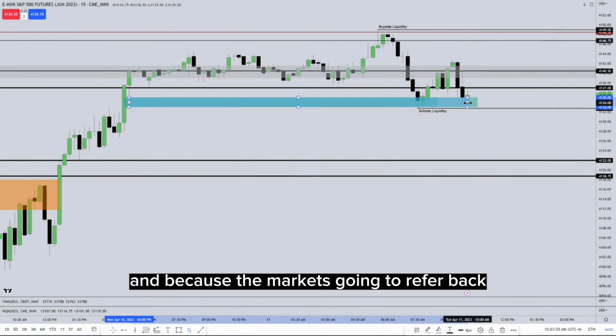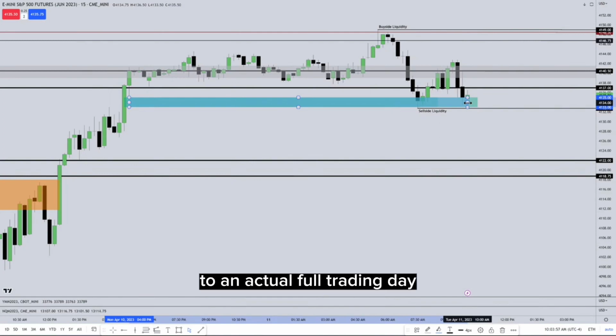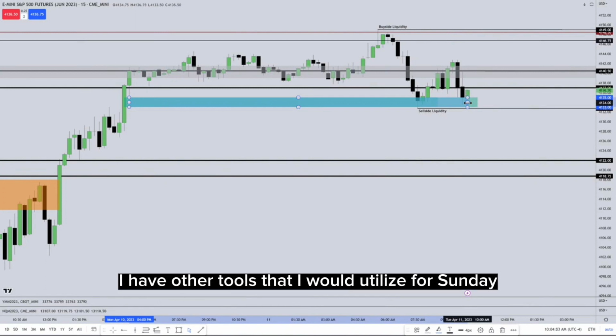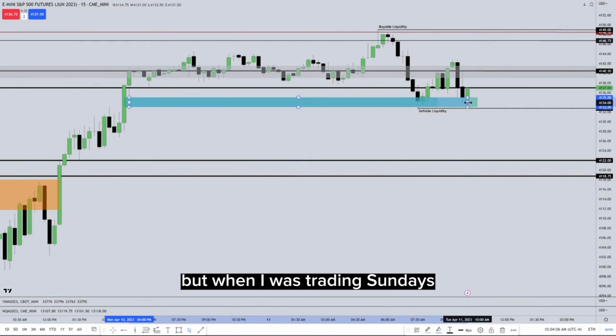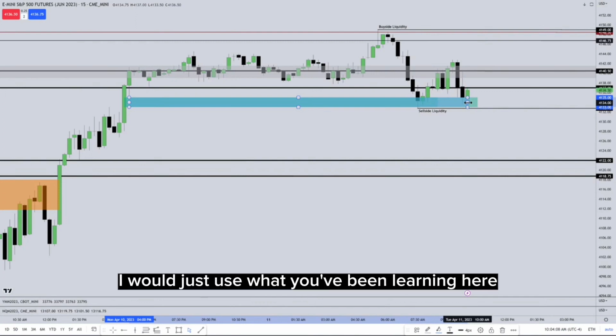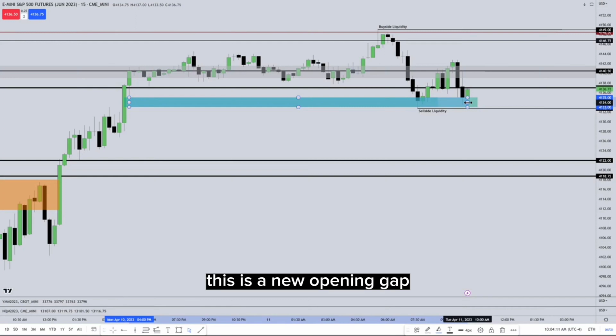The market's going to refer back to an actual full trading day versus where we just opened up. I have other tools that I would utilize for Sunday. I don't trade them anymore, but when I was trading Sundays, I would just use what you've been learning here, the new week opening gap.